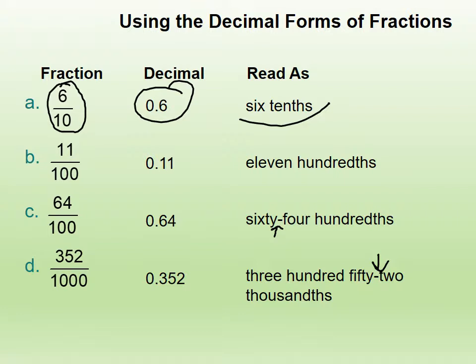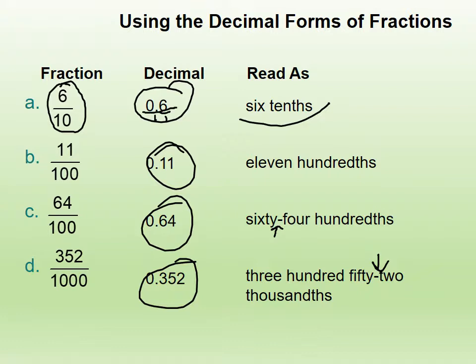All right, who notices the pattern here? How do you know how to convert it to a decimal? Jessica Ann? If you look at the decimal and directly underneath it, write a 1. Straight underneath it.